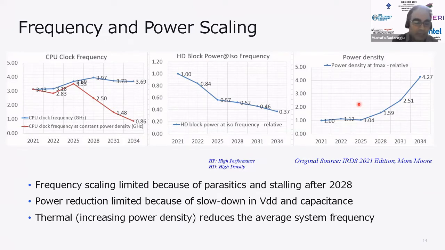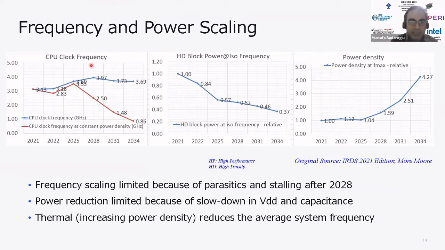So on-chip wire resistance, as well as the device scaling at the contacted poly pitch, as well as the device pitch scaling, reduces the stress boosters, which is actually further improvement of the frequency is not that easy to get from the transistor.